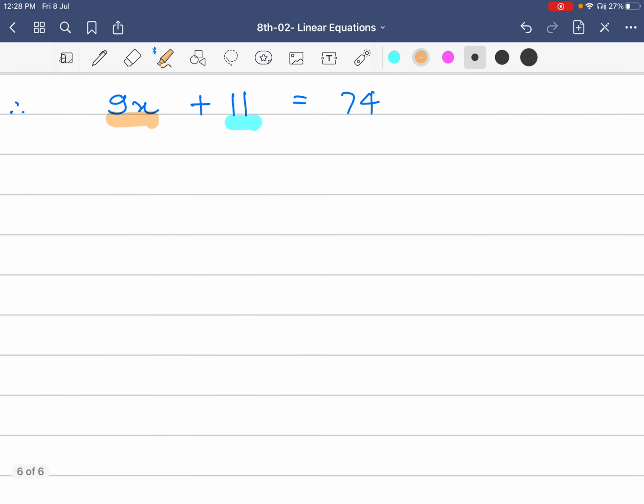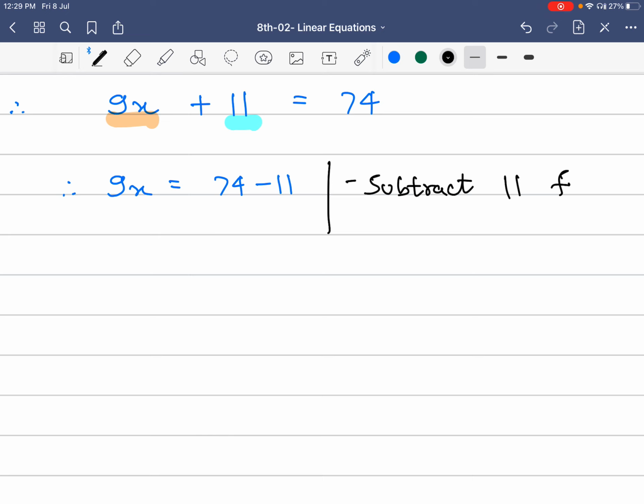Now solving this equation is quite straightforward. All we do is 9x is equal to 74 minus 11. What we have done is subtract 11 from both sides of the equation.